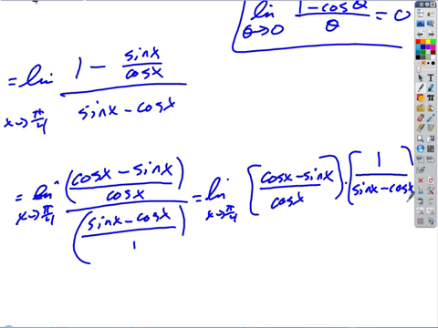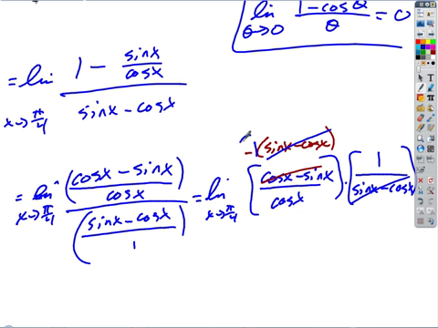In order to make this look like this, I have to factor out a -1, so it becomes negative the quantity sine x minus cosine x. Now we get our cancellation: sine x minus cosine x cancels top and bottom, and I just get a -1.